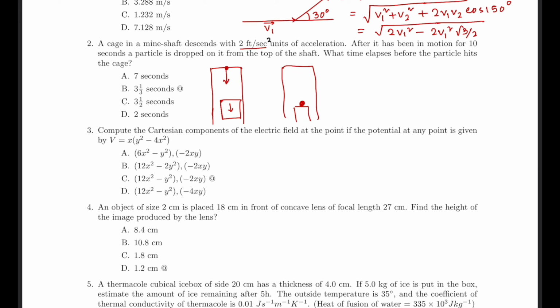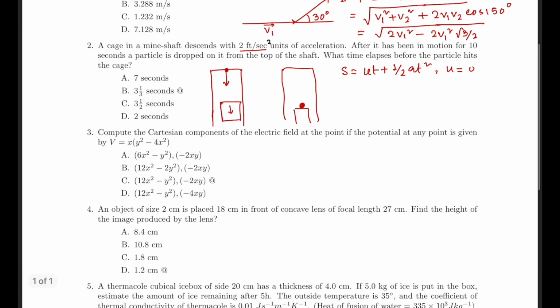Using the kinematic formula, s is ut plus half a t square, and taking u to be 0 because it starts from a stationary state. For the particle, half g t square should be equal to half into 2 into (t plus 10) square, because the lift is moving 10 seconds before the particle is dropped.